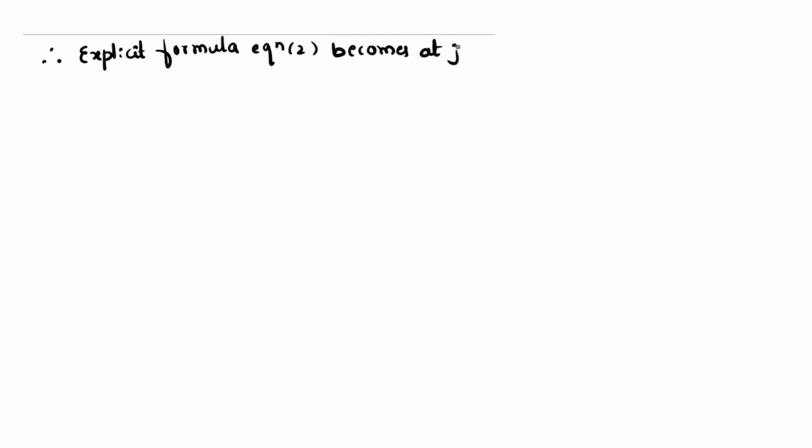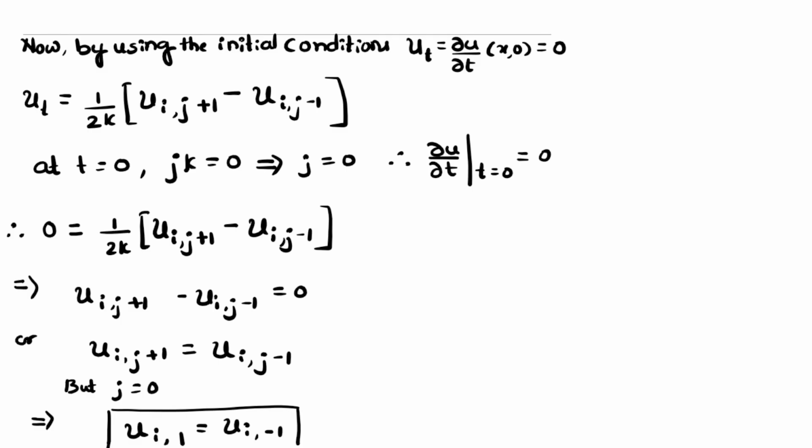So the explicit formula, that is equation 2, becomes, at j equal to 0. That equation 2 which we considered at j equal to 0 becomes u(i, ...), what was our explicit formula.